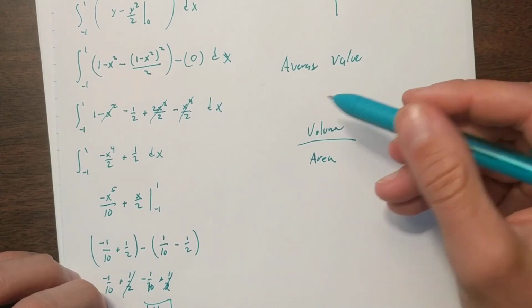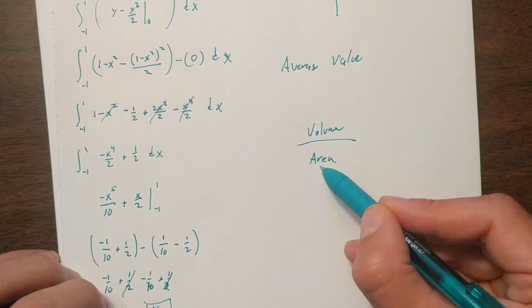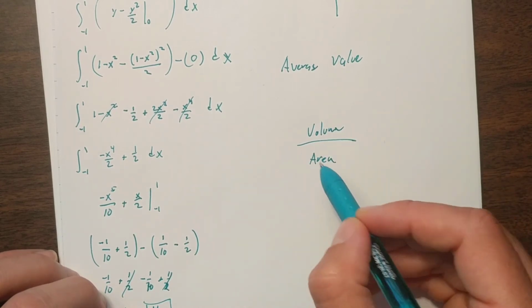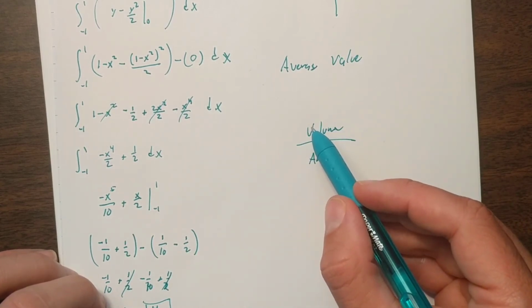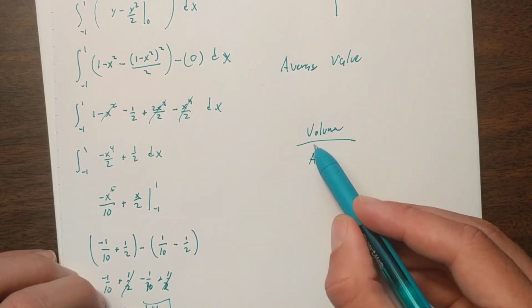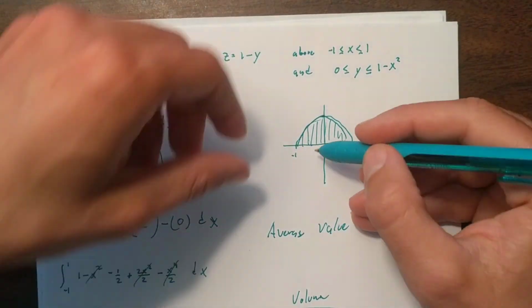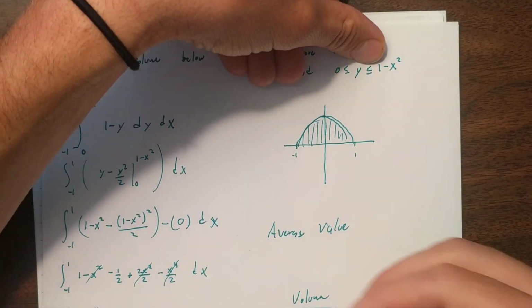Last time, for the average, we would take the area divided by the length of the interval. Here we're going to take the volume and divide it by the area. So we would actually have to figure out what the area is, but the area would be pretty simple, right?